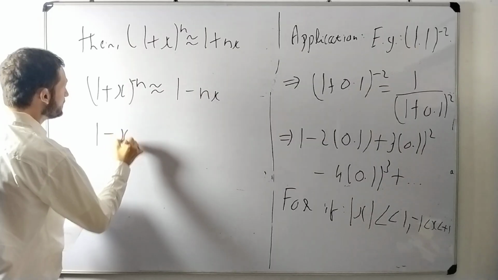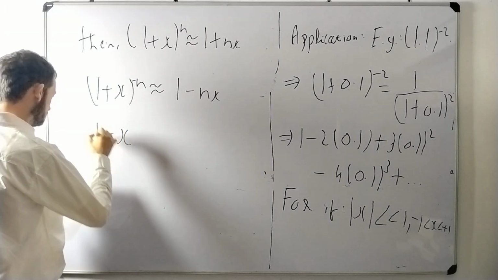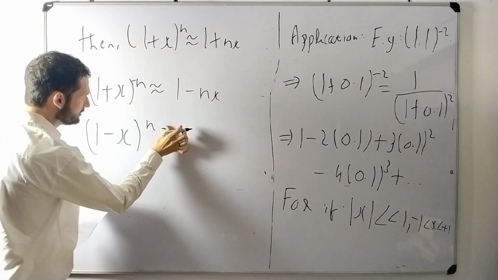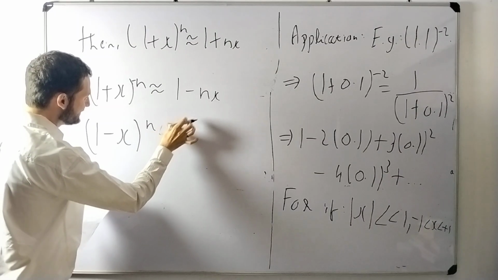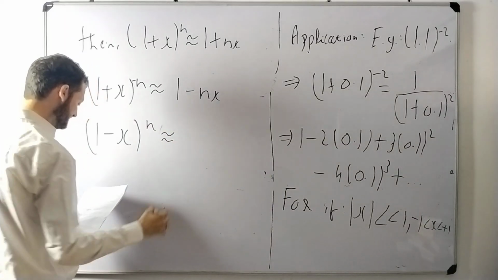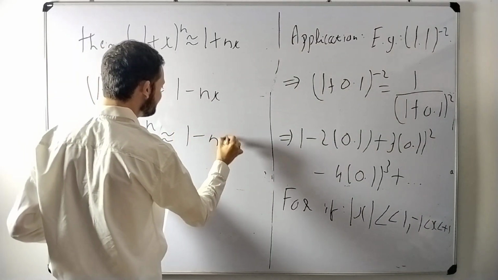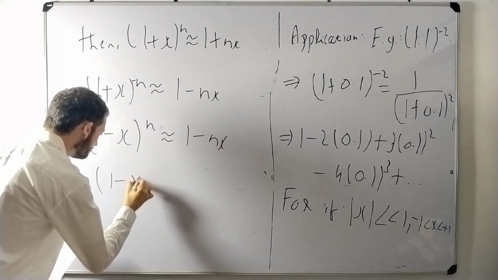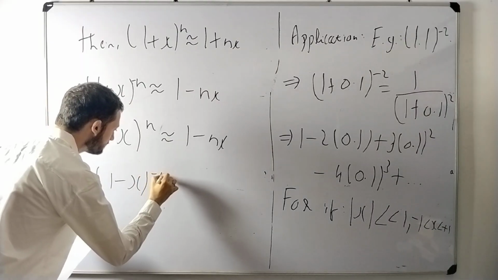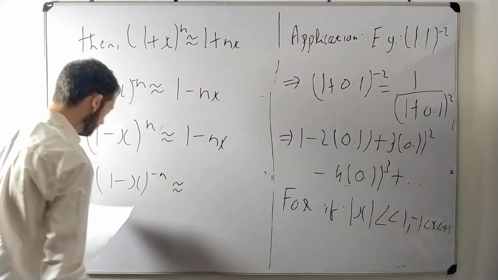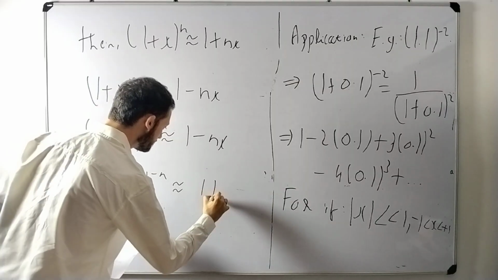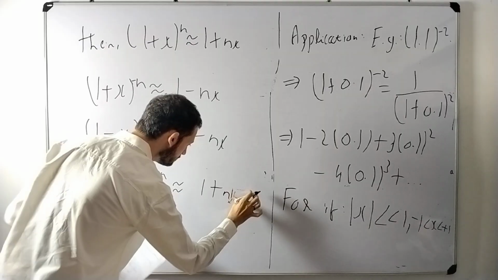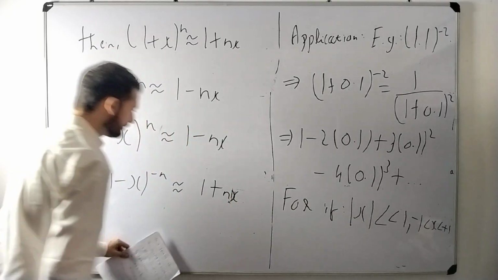1 minus x to the n, again, even sir is writing the equal to sign, 1 minus nx, and this happens to be 1 minus x to the minus n, and this happens to be approximately 1 plus nx. Yes, students, this is perfectly fine.